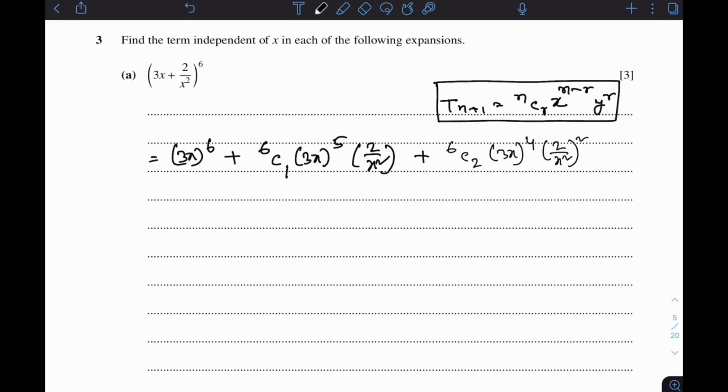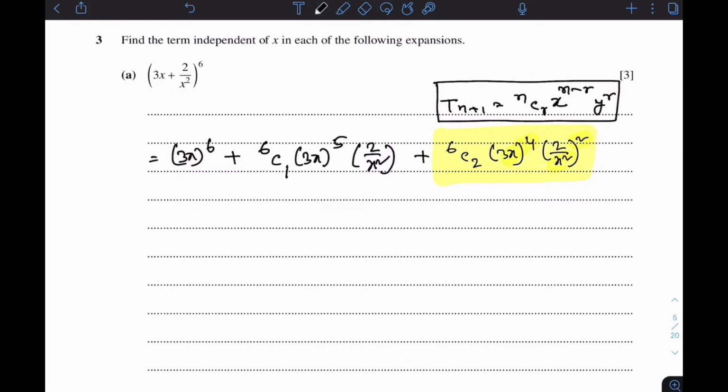Then we can proceed more to find more terms. I think that will not be necessary, because if you look at this term, this is x to the power 4, and in the denominator if you break the things, you are also having x to the power 4. So this will be cancelled out, and this whole term will be independent of x.